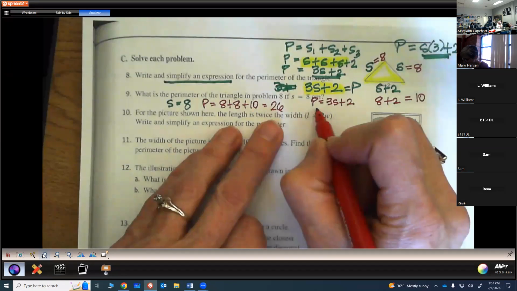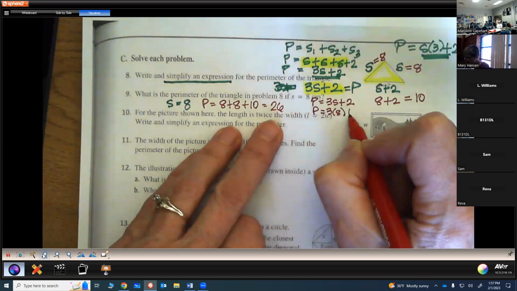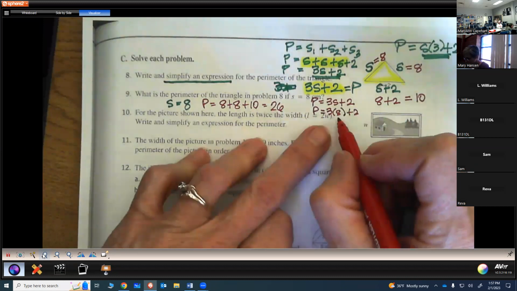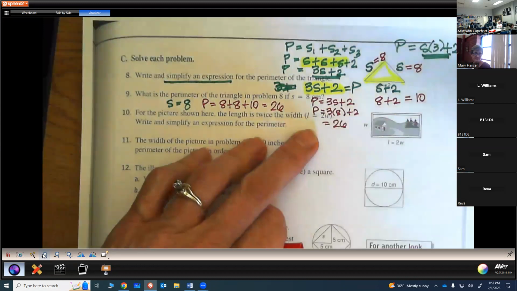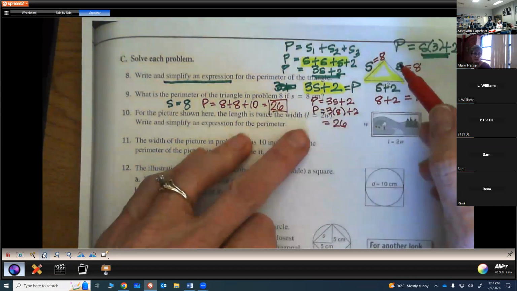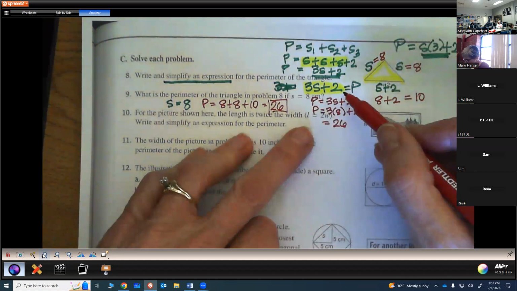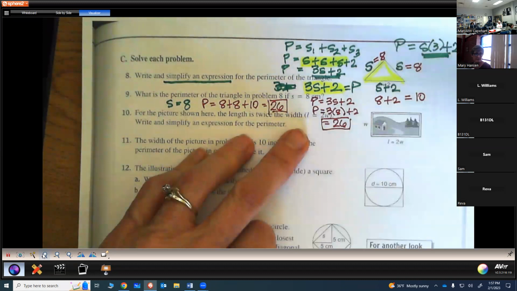And so I can put 8 in for S. 3 times 8 is 24, plus 2 is 26. So I get the same answer whether I use the picture or whether I use what I calculated in number 8.